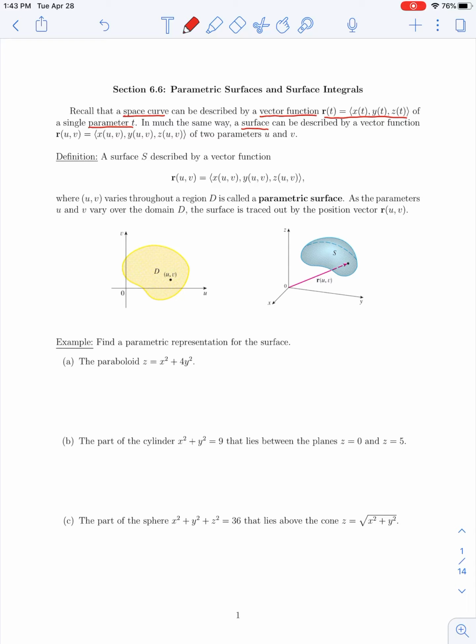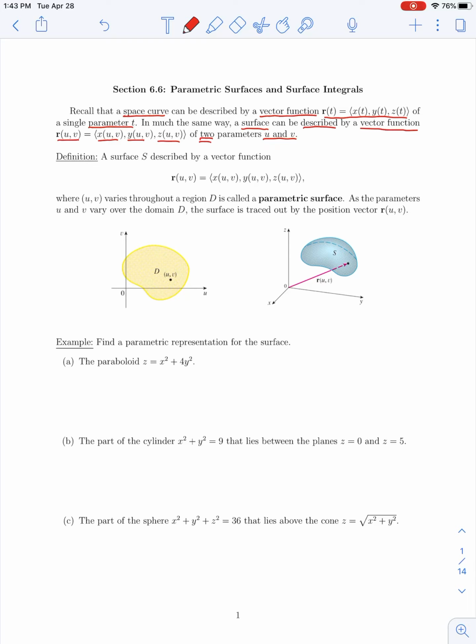And we see that surfaces can be described by a vector function, r of u v, which has component functions x, y, and z, which depend on 2 parameters, u and v. So these sorts of surfaces are what are called parametric surfaces.